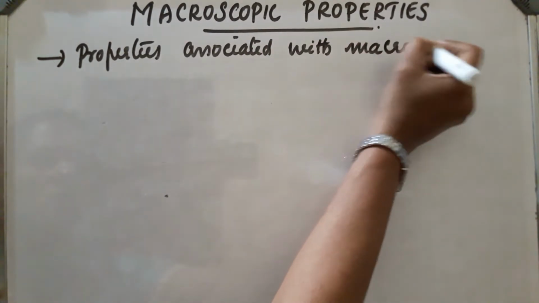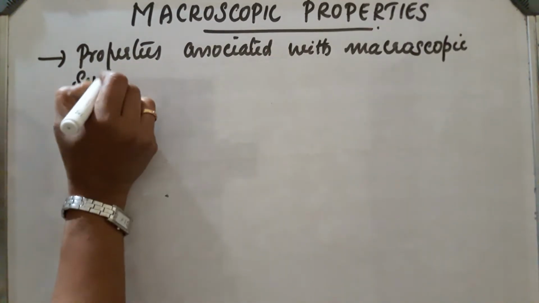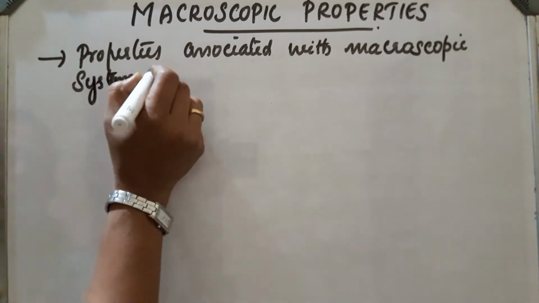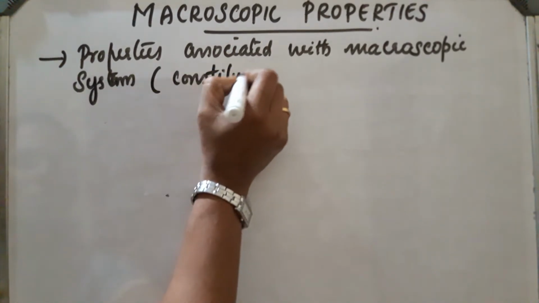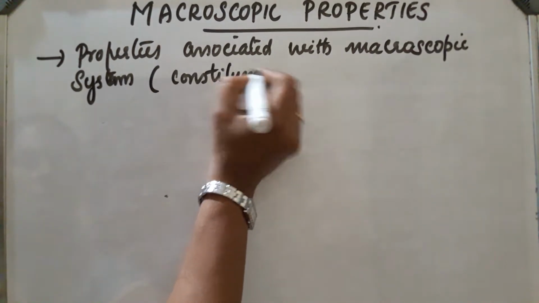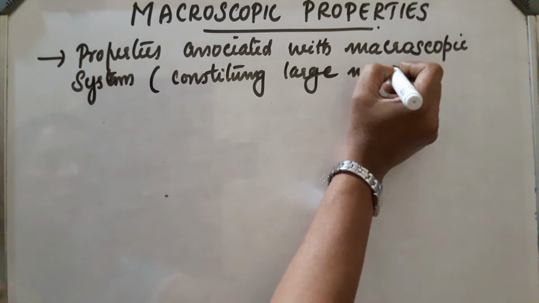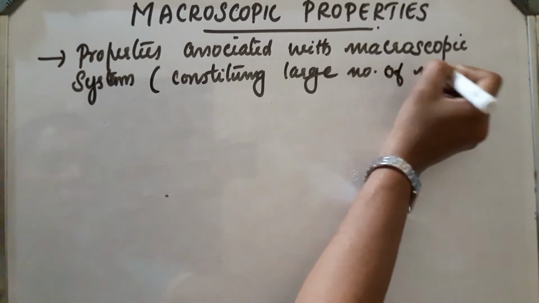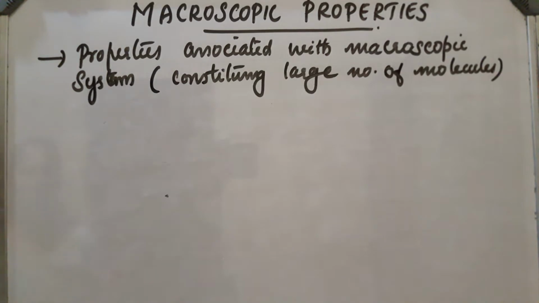A system constituting a large number of molecules is called a macroscopic system. So the properties associated with this macroscopic system are called macroscopic properties.